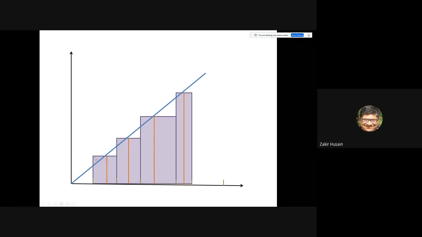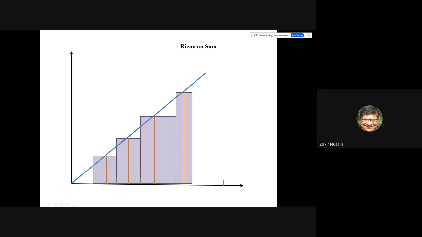Now, there are two problems over here. One is, as you can see, it's an approximation because if you take the first subinterval, you are excluding this and you're including this, right? So this is the overestimate, this is the underestimate.